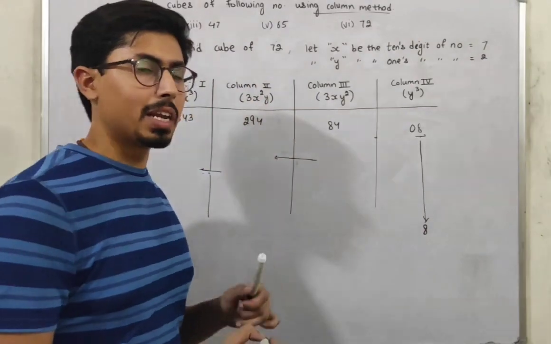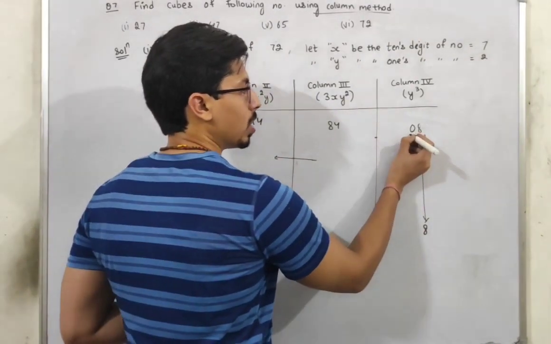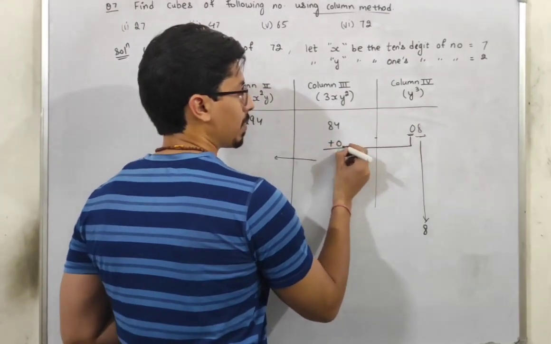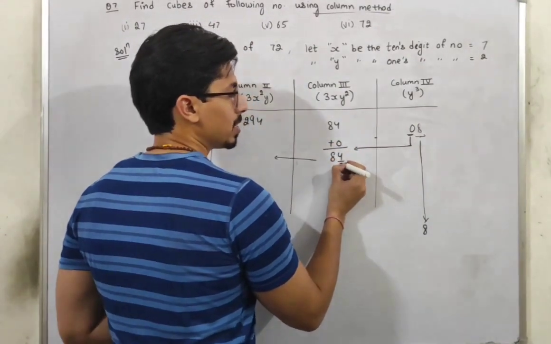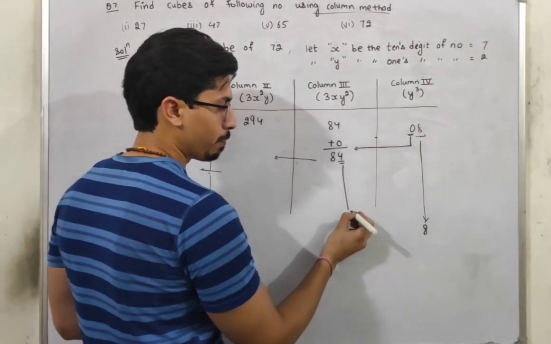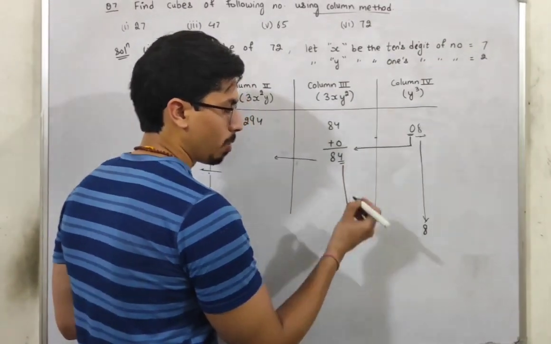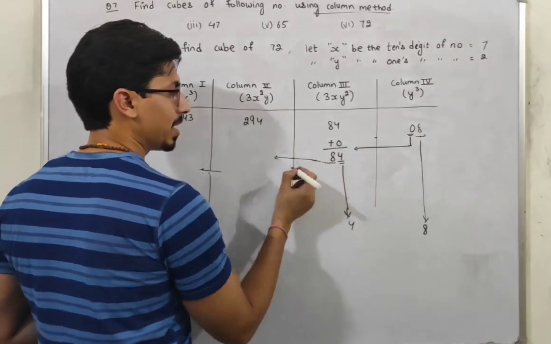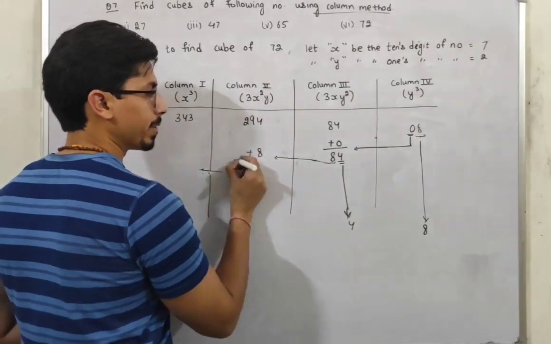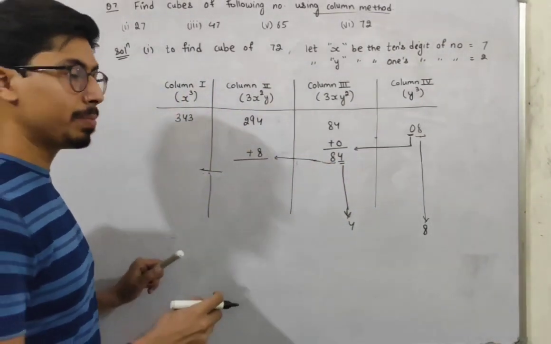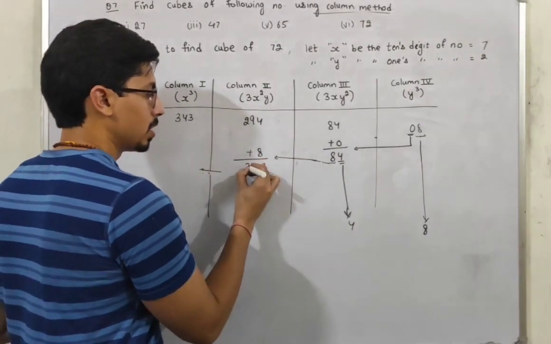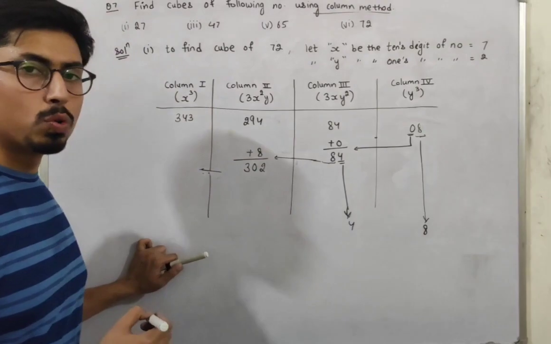Okay. Now the remaining number is 0. Just put this 0 here and add it. So after adding, it will be 84. Just take the last digit. Last digit is 4. Now put this 4 here. Now the remaining number is 8. So just take this 8 and put it here. Okay. So if I just add them, it will be 8, 4, 12, 1, 302.